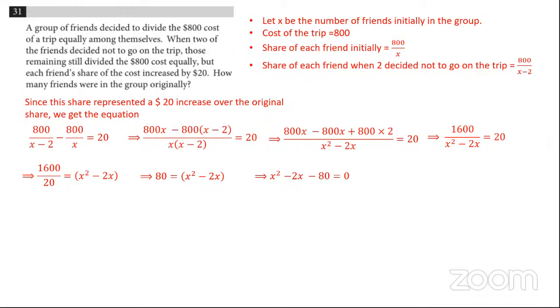Did you guys solve it? Sneha, did you solve it?